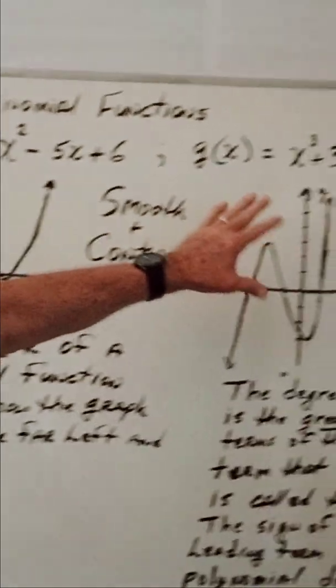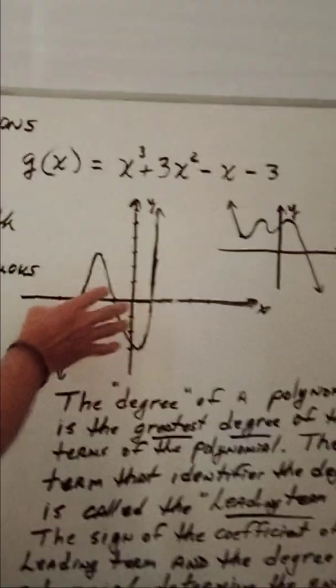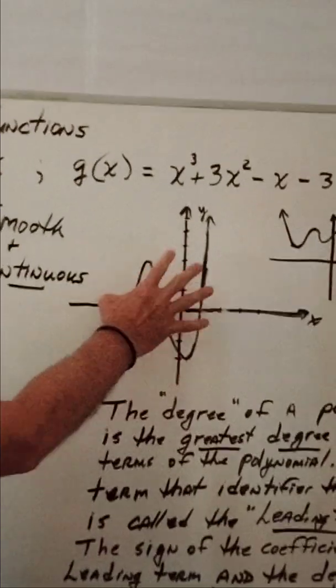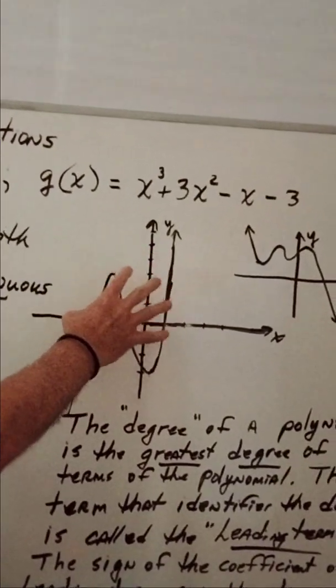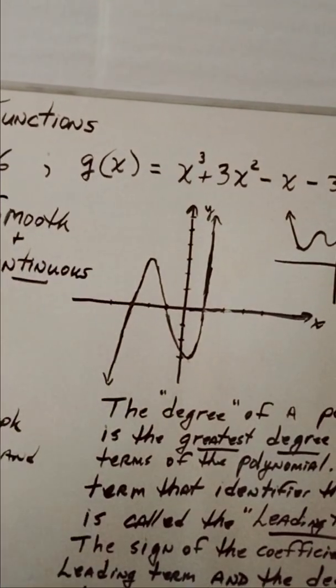Over here, for this given polynomial function, this happens to be sort of a replica of the actual graph for this polynomial function here.